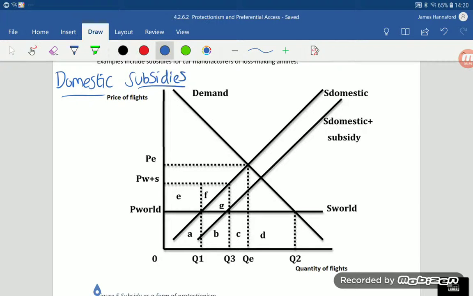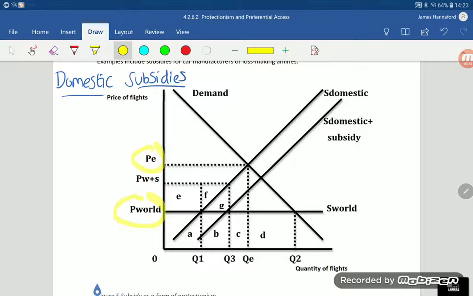Domestic subsidies. Domestic subsidies are an aid for domestic businesses facing financial problems. Examples include subsidies for car manufacturers or loss-making airlines. So the first thing to note on this diagram is that the price is actually unchanged. So you can see we've got PE up here. That price was never actually being used because we were importing goods at P World.